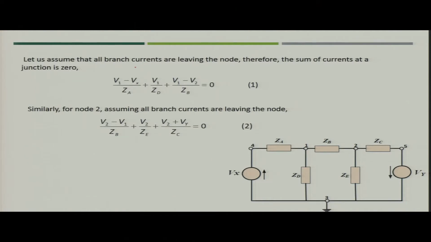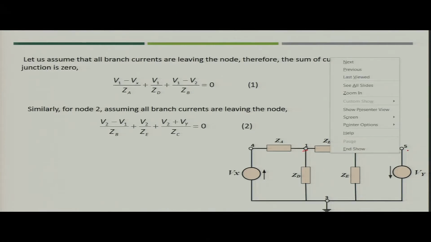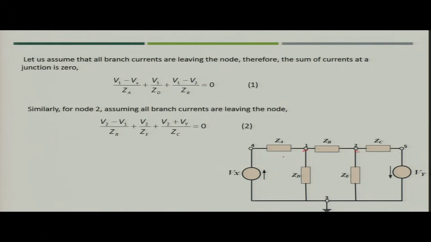Let us assume this is the circuit which we saw previously, and we will apply nodal analysis and try to find the node voltages V1 and V2, and then accordingly find the voltages V5 and V4 and the currents flowing in the branches.